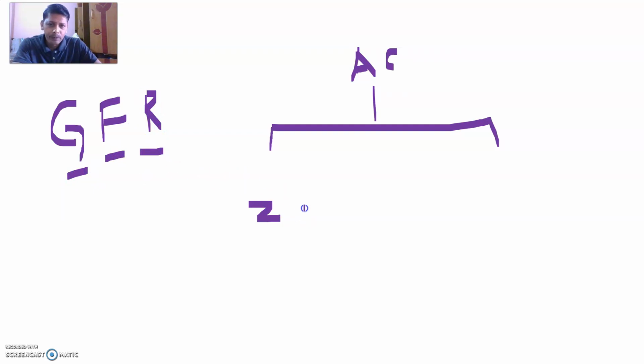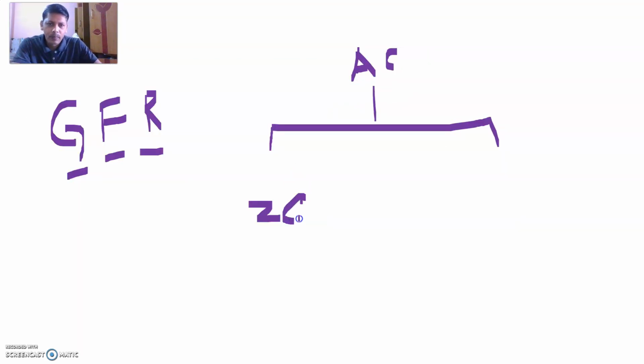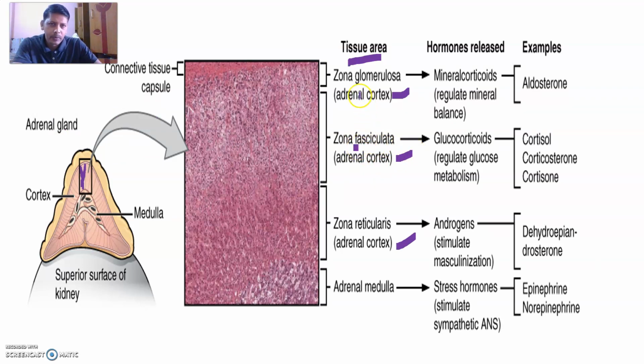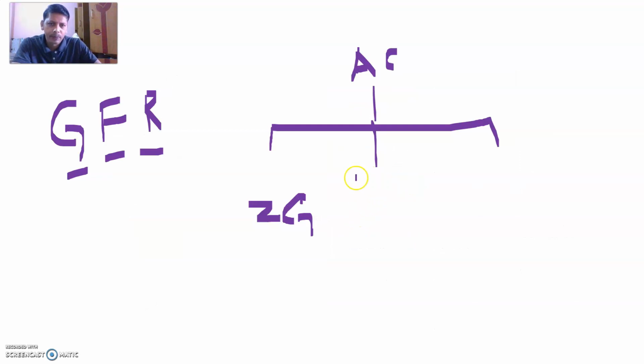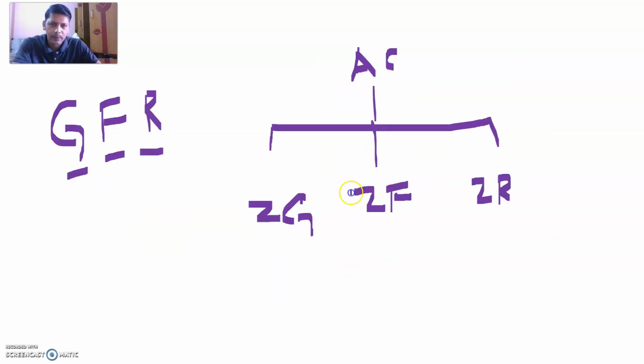Zona glomerulosa, zona fasciculata, and zona reticularis: GFR, from outside to inside.